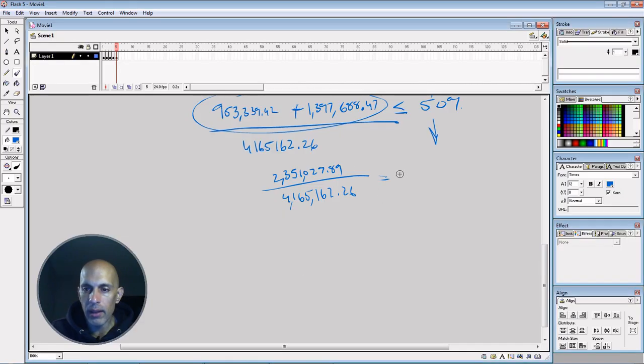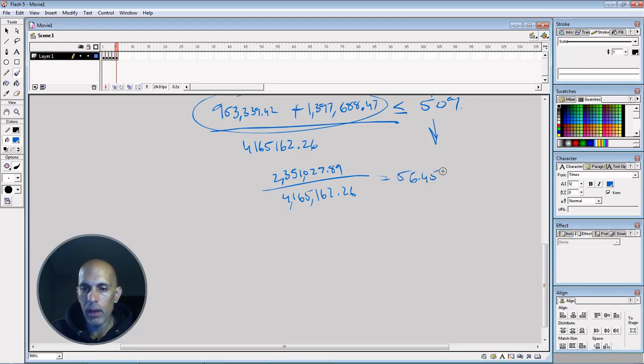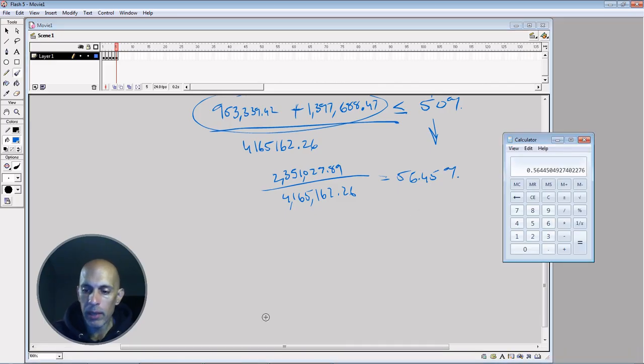We are at 56.45%. That's pretty awesome. Now 1 minus that will give us our equity, or rather our down payment, for the purposes of inputting it into the calculator.